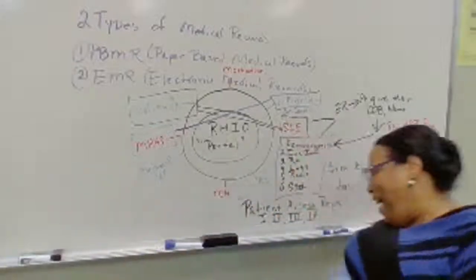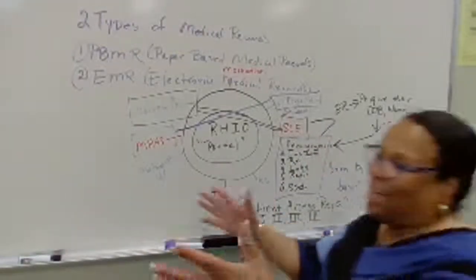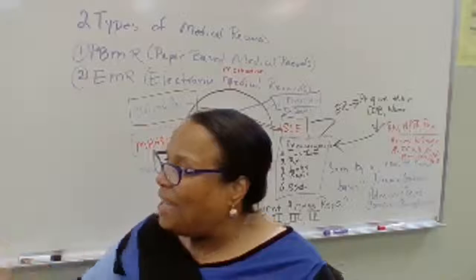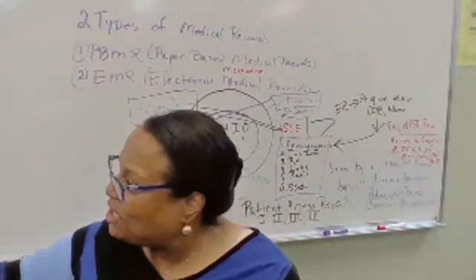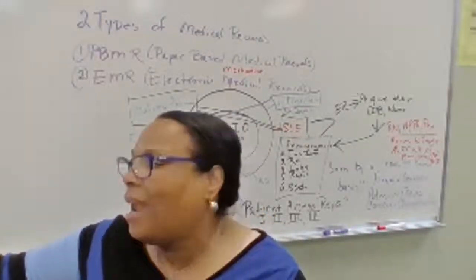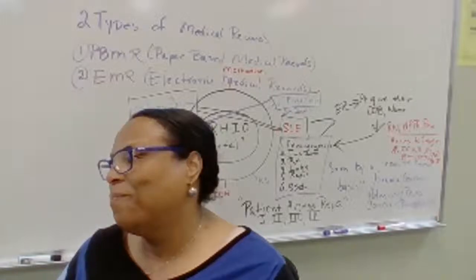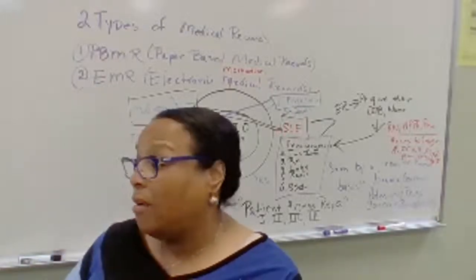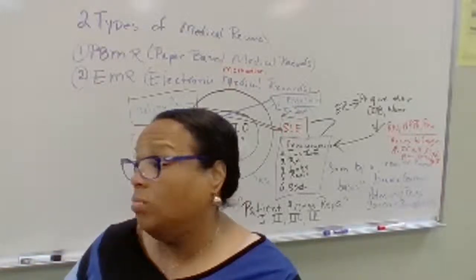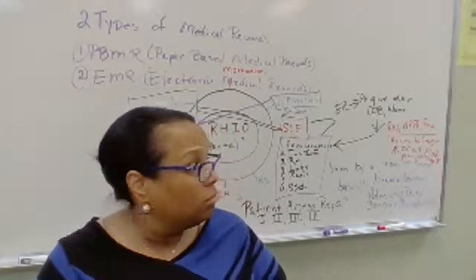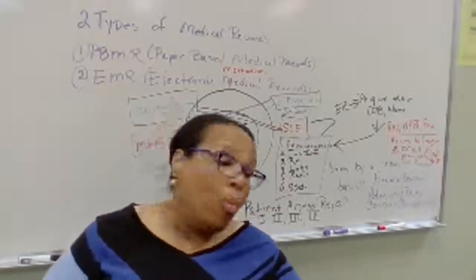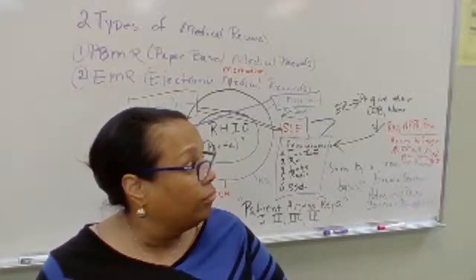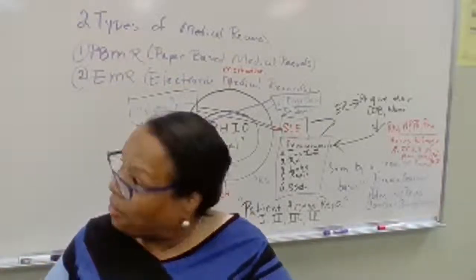Don't get mad if Diana gets a 2 or 3 when she finishes from here. Why am I saying that, Brenda? Because she has some kind of background. She has background experience already. Do y'all understand that?